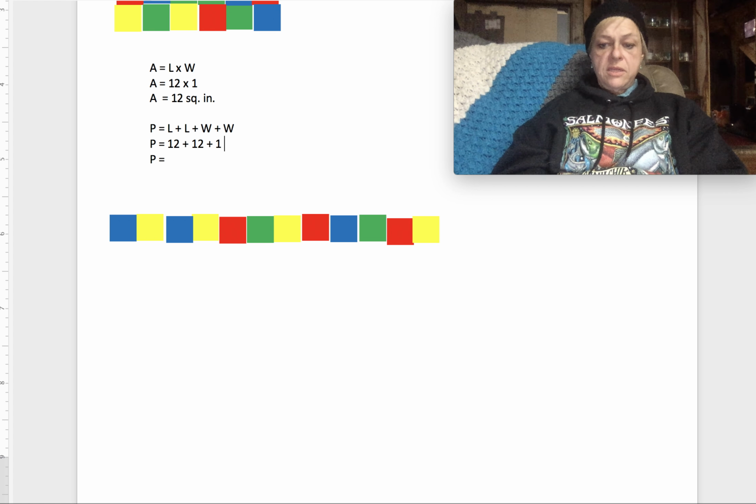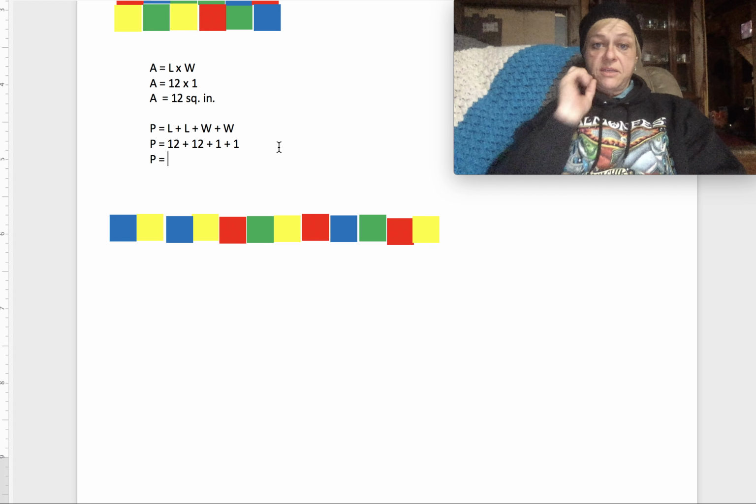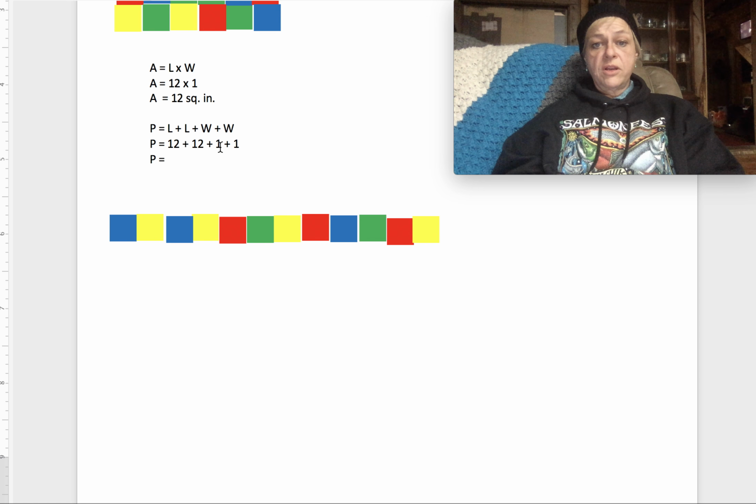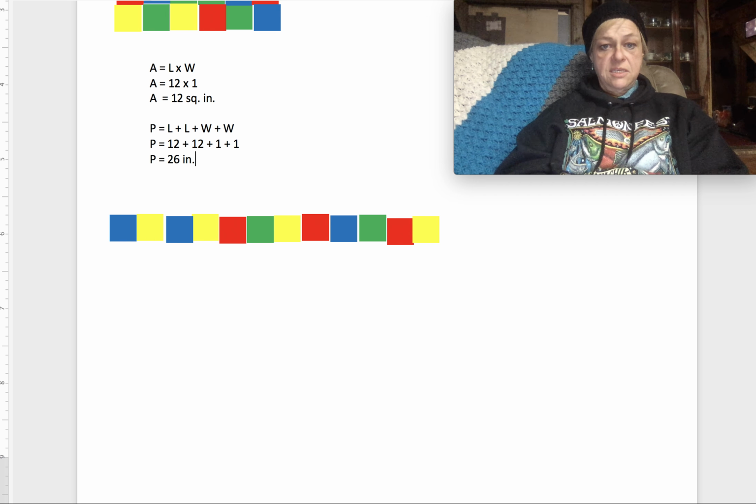So 1 and another 1. And now we have to add those together to find the measurement that is the perimeter. 12 plus 12, well, hey, that's 24. Plus 1 more is 25. Plus 1 more is 26. So the perimeter of the second shape is 26 inches.